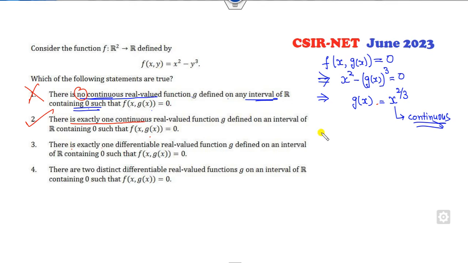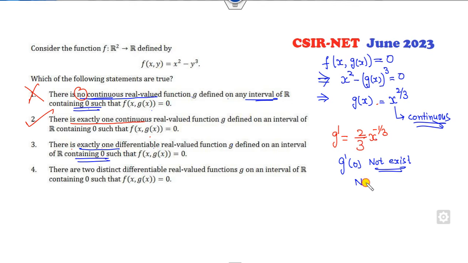There is exactly one differentiable function g. What is the g dash? 2 over 3 x raised to power minus 1 over 3. There is exactly one differentiable function on the interval containing 0. So what is the g dash of 0? Not defined, because it's infinity, it does not exist.